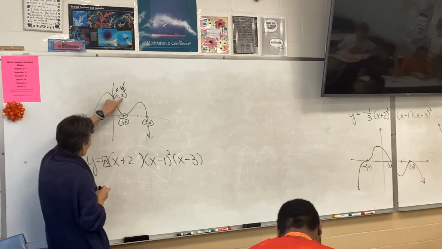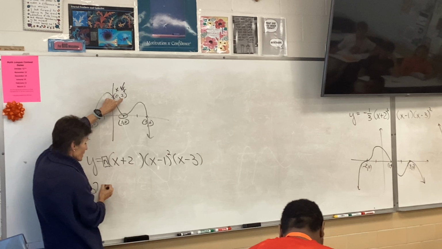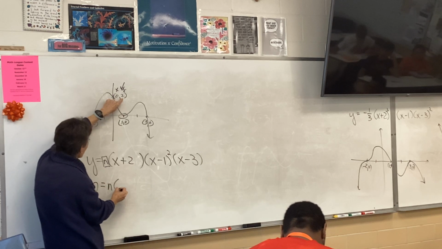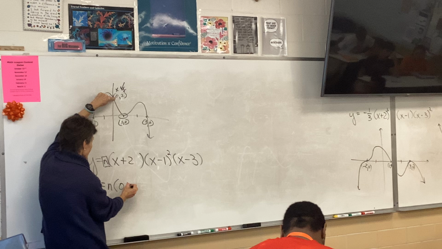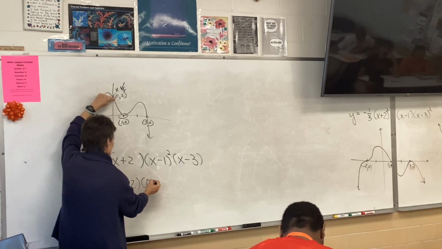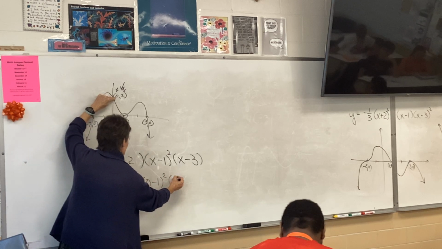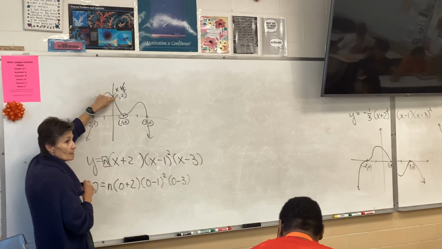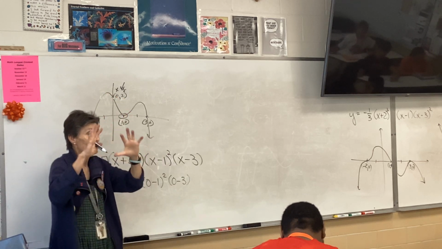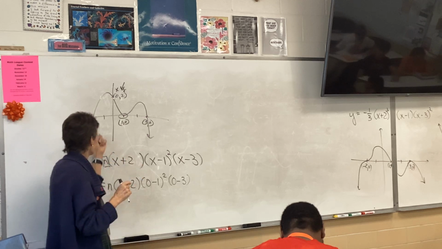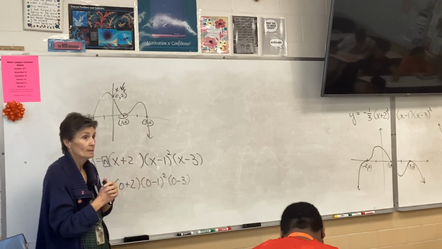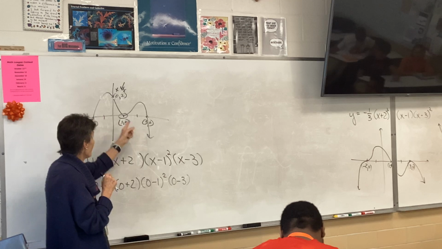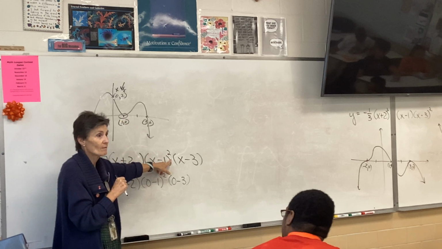I'm gonna take that y and put it here in my equation, and I'm gonna take that x and put it in my equation every time I see an x. So I started by building my parentheses that came from these dots. Then I looked at my picture carefully, saw a bounce, put a squared on that one.